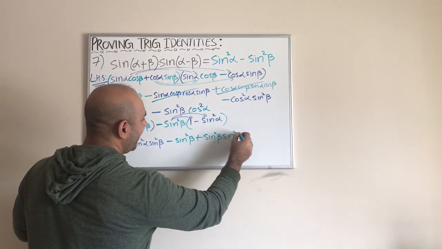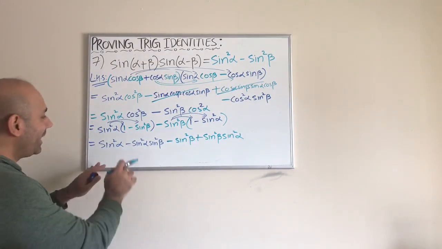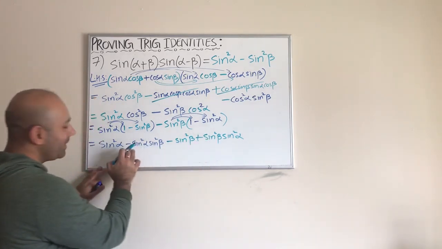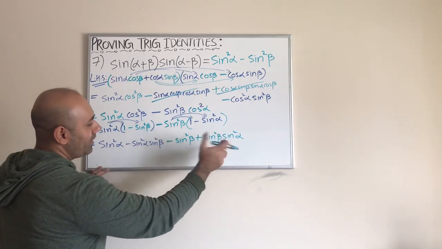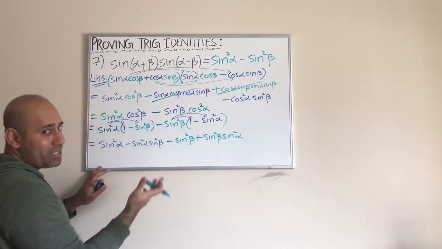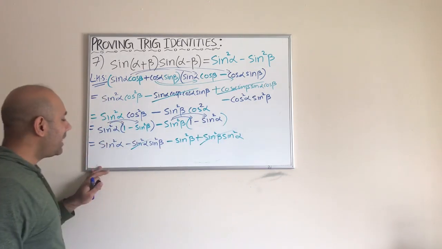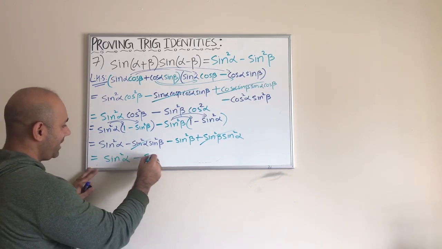Guys, I can already see the light here, because this term is going to go away: there's a minus here, there's a plus here, and they are the same terms. This is written like sine beta first and sine alpha next, but it does not matter as long as they are multiplied. So these terms are the same, with opposite signs, so they cross out. And what I have here, you can see, I'm so happy that we just simply got it.